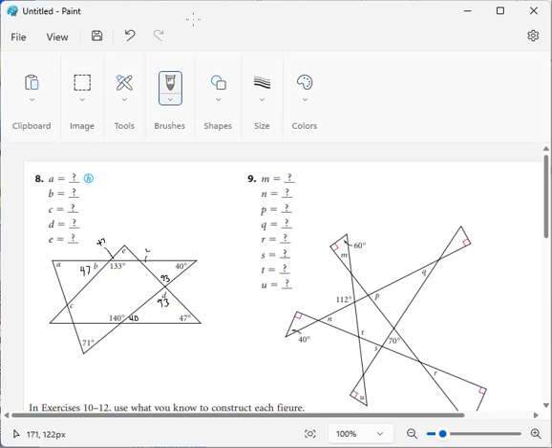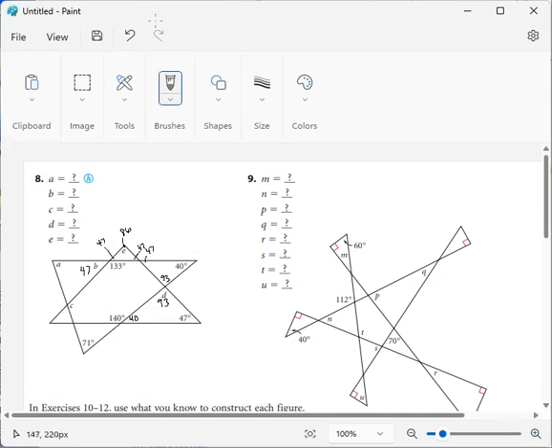So this one is also 47, and that one is 47. So then E is going to be 180 minus 94. So E is going to be 86. Let's see.